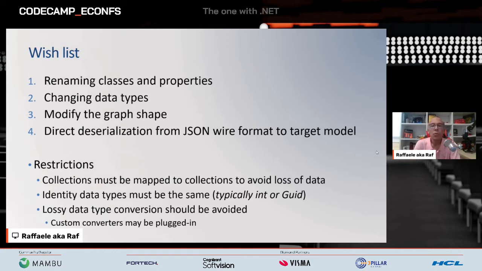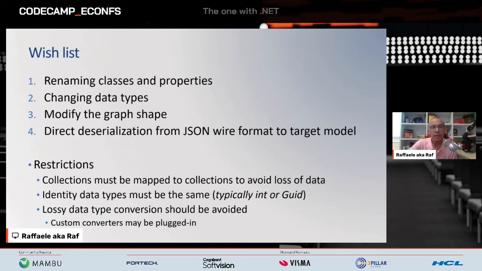So I don't want to have the conversion step from object to object. I want to go straight from the JSON to the object, or from the object to the JSON, but with a different format. So basically, I don't want a plain serialization. I want to serialize into a different shape. I want to deserialize from a JSON into a different graph object.